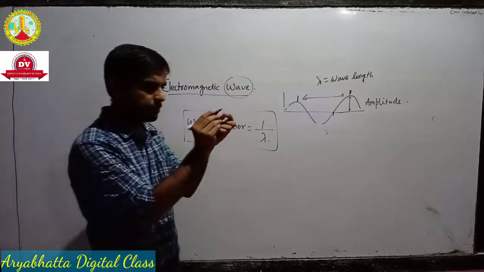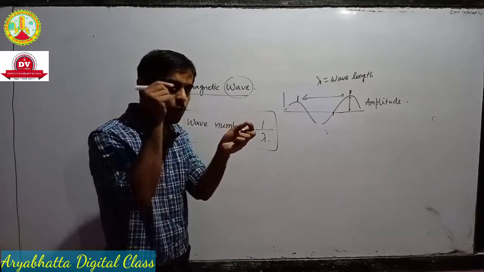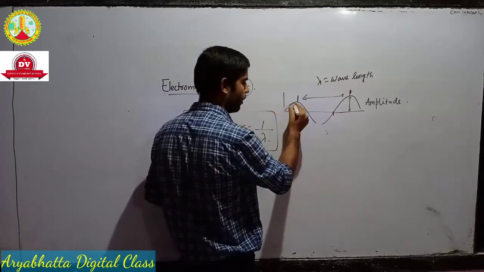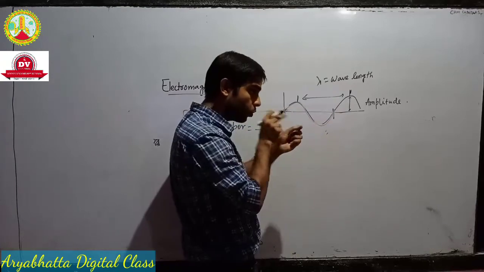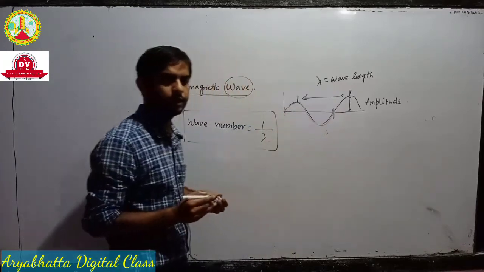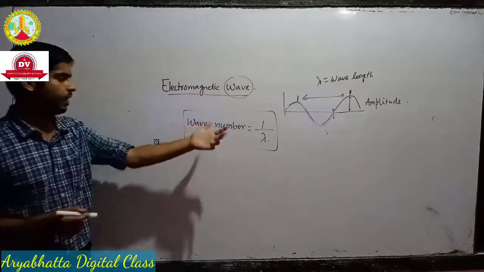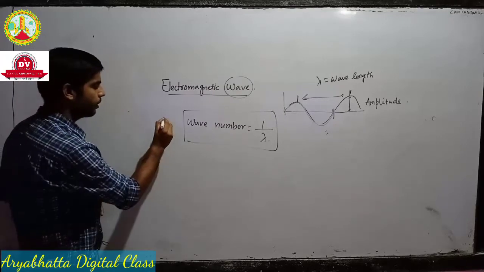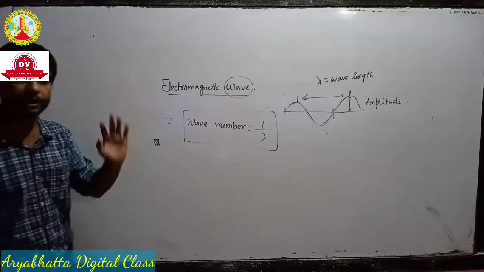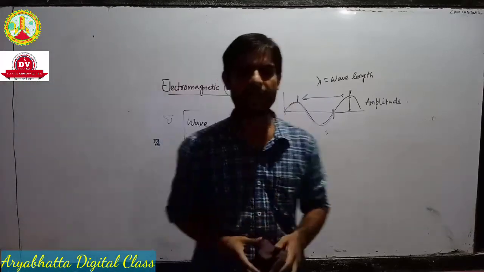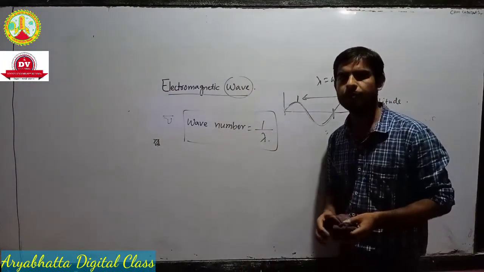Suppose if I make a hole here, then how many waves? This is one wave. So how many waves of this type are crossing that unit area? This is called wave number. Wave number is denoted by mu bar, and we will use these properties in numerical analysis in the later videos. Okay, thank you.